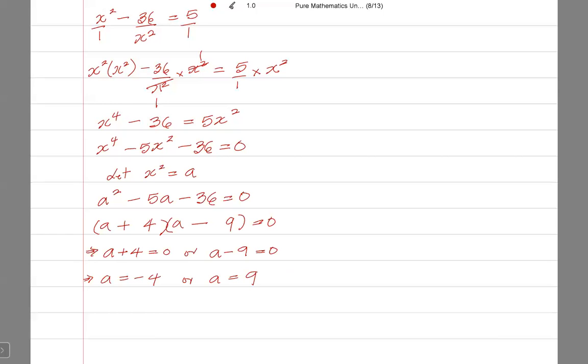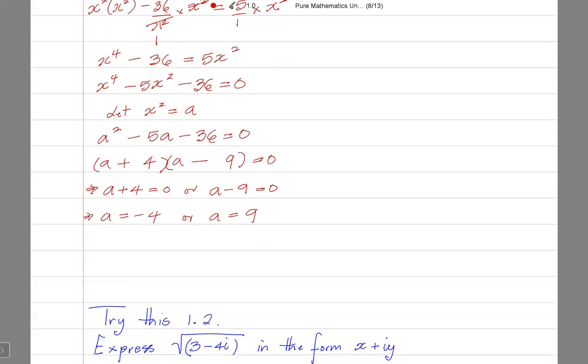But remember, a is actually x squared. So therefore, I can say x squared is not equal to minus 4. But x squared is equal to 9. And so x is equal to positive and negative 3. And the reason I said x squared cannot be equal to minus 4 is because in the solution, x and y must be real numbers.